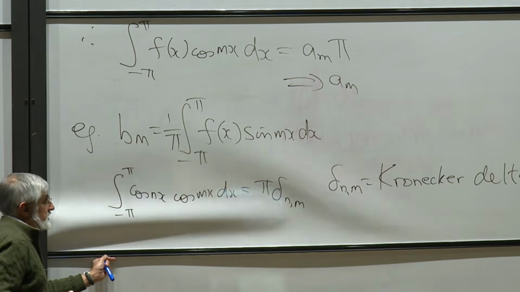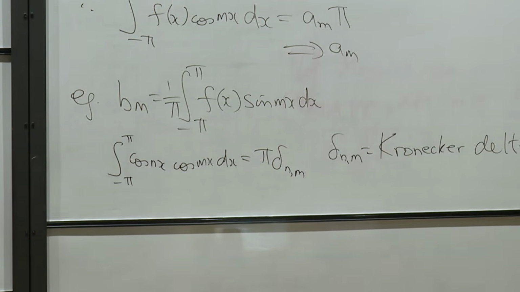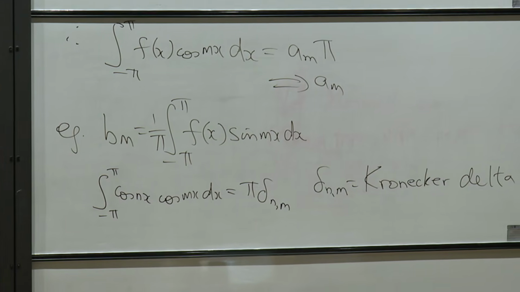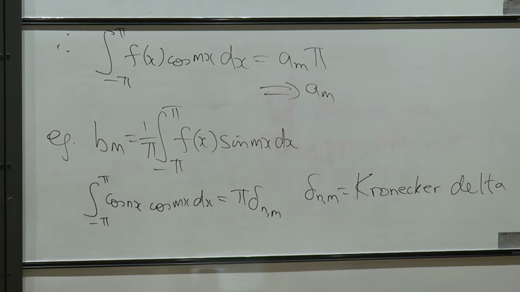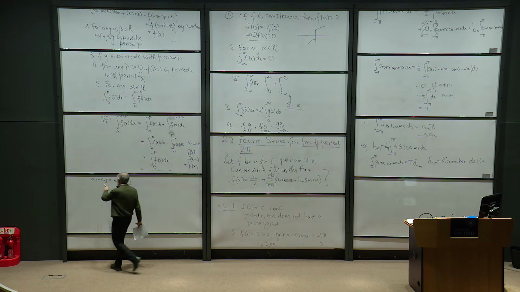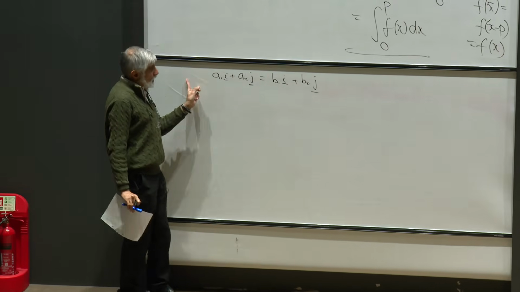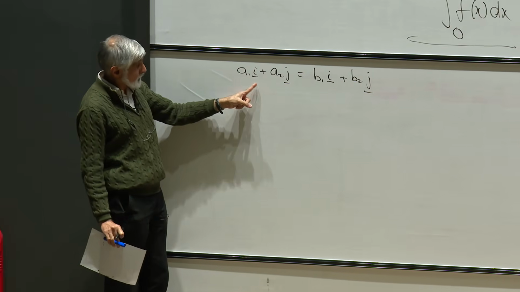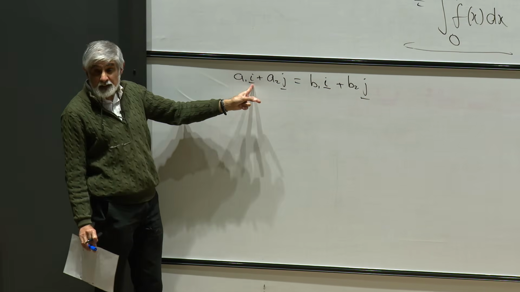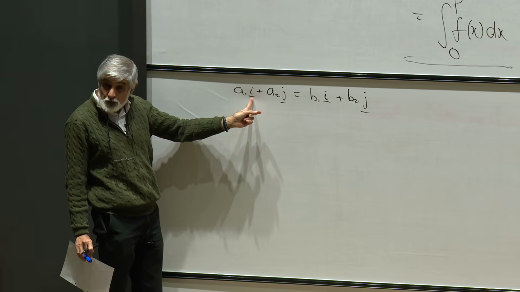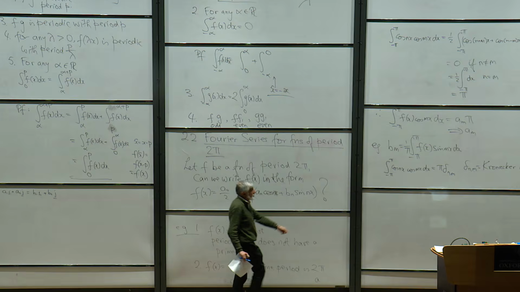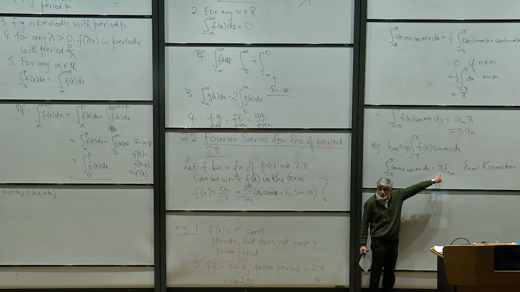That's 0 if n is not equal to m, and it's 1 if n is equal to m. Okay? So the only difference now is, going back to here, if we take the dot product with i, that disappears, and very conveniently i dot i is 1. Here, the equivalent of i dot i gives you pi.